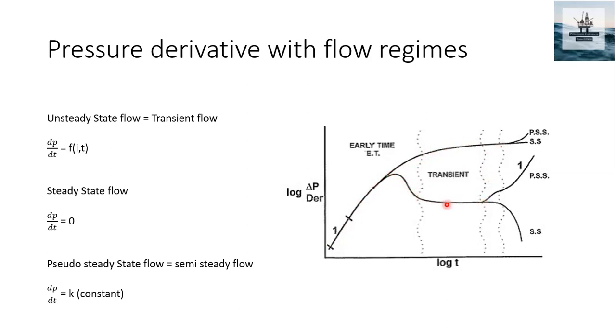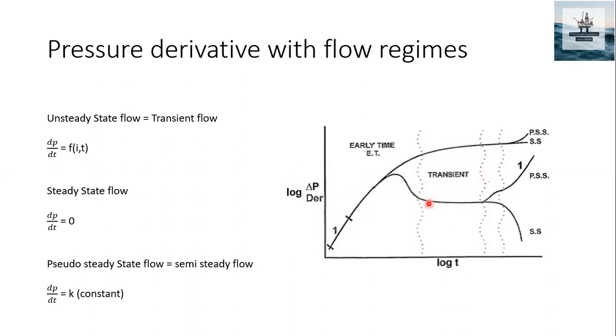If you have pressure buildup data, we can convert the buildup data to a derivative graph. And if you plot both graphs on the same graph, we can definitely see the difference between unsteady state flow, pseudo steady state flow, and steady state flow.